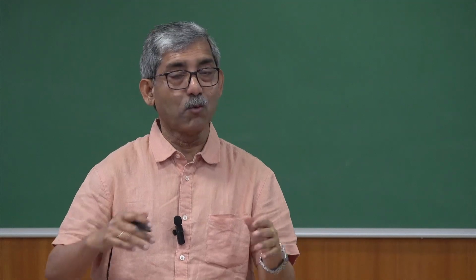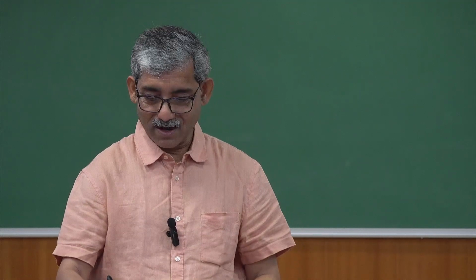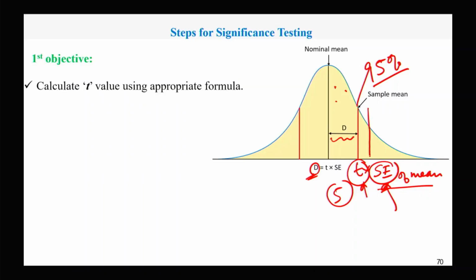And if you want to be more sure, this will be 99%. So two levels we will be discussing. For the same distribution and same sample, the T value will be more in the case of 99%. So we call it T99 or T95.